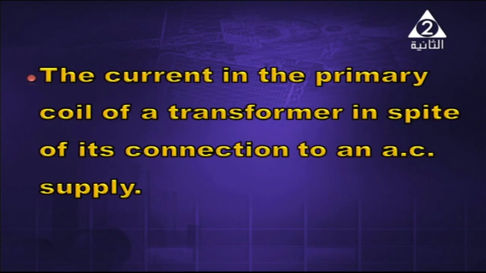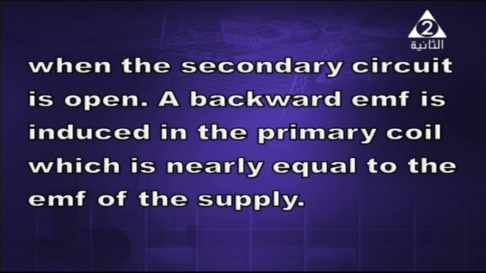When does the current in the primary coil of a transformer, in spite of its connection to an AC supply, equal 0? This happens when the secondary circuit is unloaded. When the secondary circuit is open, a backward EMF is induced in the primary, which is roughly equal to the EMF of the supply.